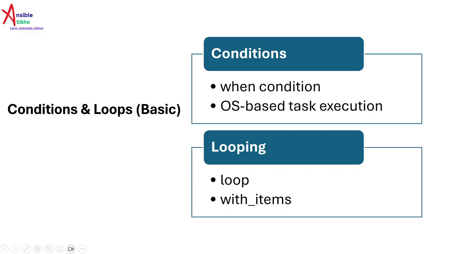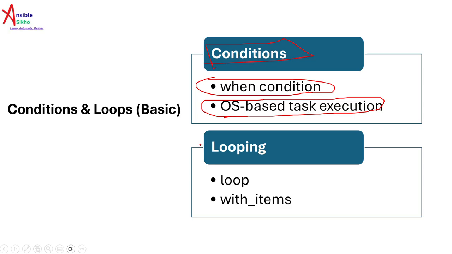In conditions, you achieve when a particular task is to be executed, for example OS-based task execution. If you want to put a condition based on a Linux family version, whether a target host belongs to Debian or Fedora, then only execute the task.